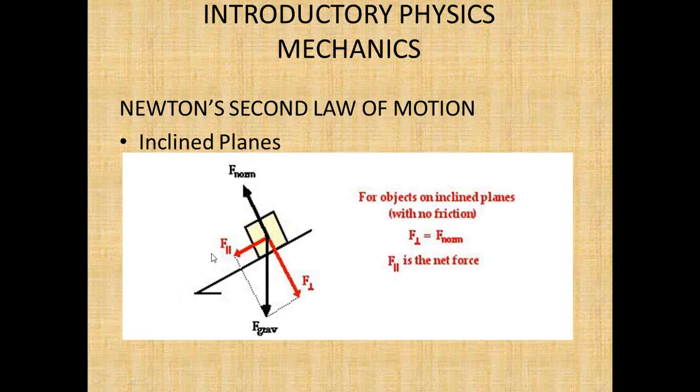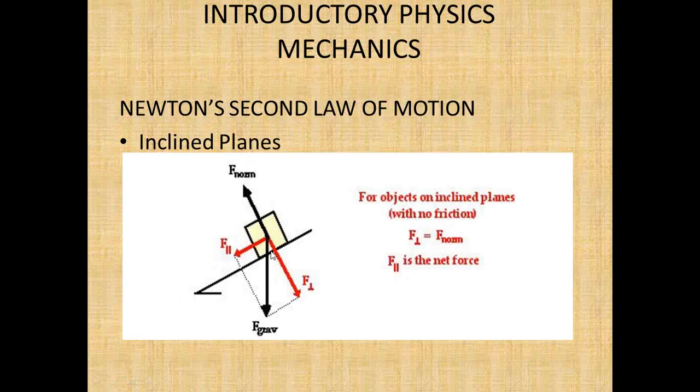It is this parallel component of the force of gravity which is going to pull the object down the inclined surface, and the perpendicular component is what we call the normal force. Now, this inclined angle is going to be the same as this angle there, and I showed you how it is.